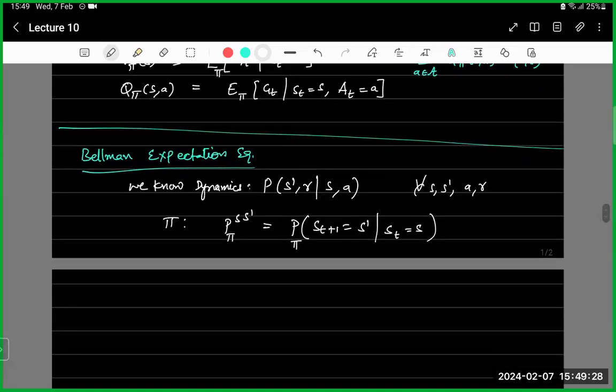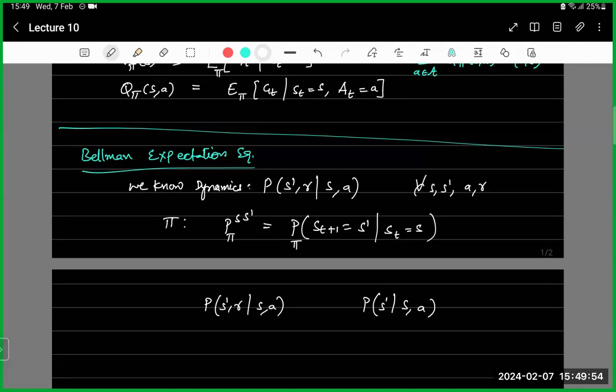Can I compute this from my knowledge of the dynamics? First of all, I have P of S dash, R given S comma A. Can I find P of S dash given S comma A from this?